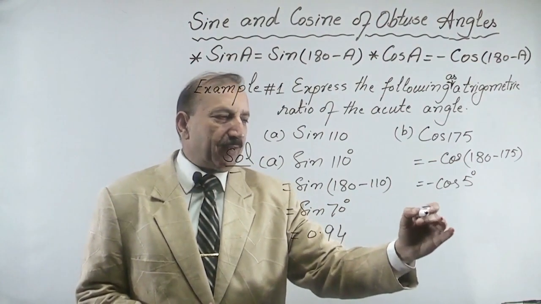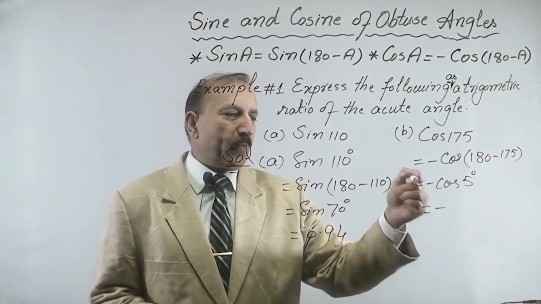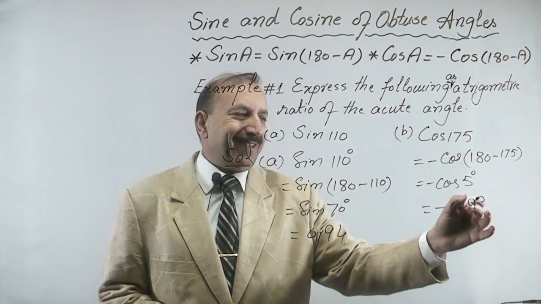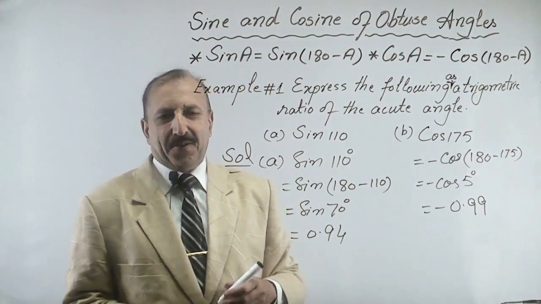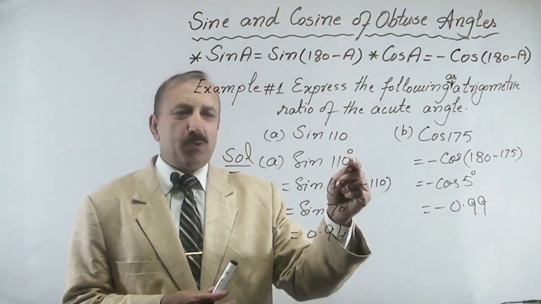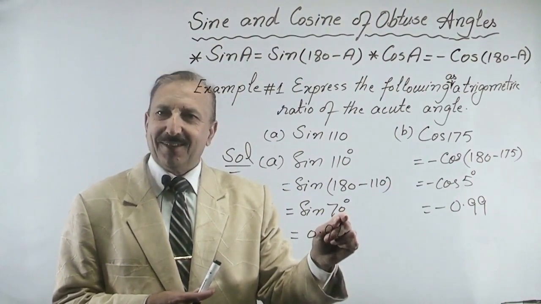Now let's get the value of this. This is minus cosine 5, and when we operate cosine 5 on the calculator, the answer would be 0.99. Here we are learning how obtuse angles can be converted into acute angles.